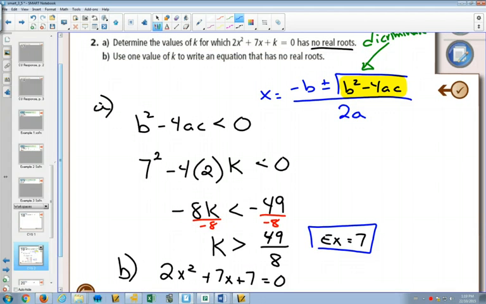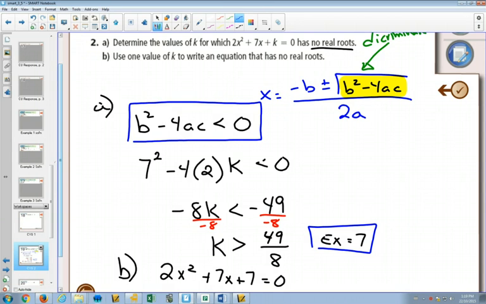Yes, Brad? How do you know that you're just going to get a negative root just by looking at the question? From here, because we solved it in A. In A, we set up that b squared minus 4ac, the yellow part inside the quadratic, we said it has to be less than 0. And that makes it negative. So then when we solved it by plugging in k and the numbers for a and b, we found out that k had to be bigger than 6.125.